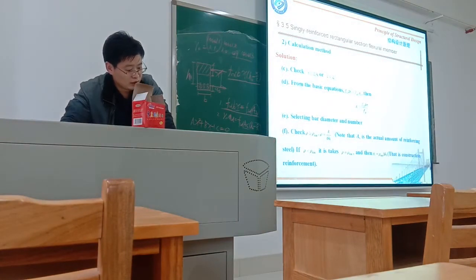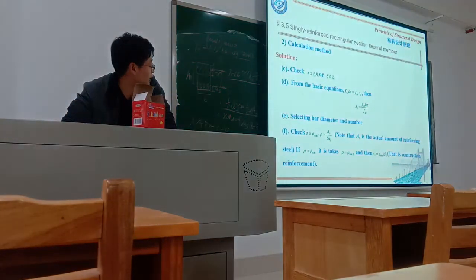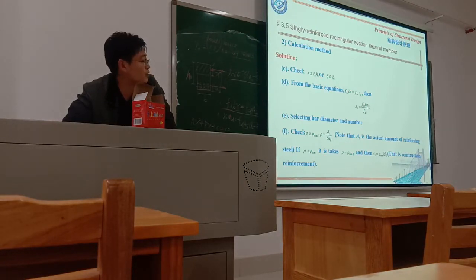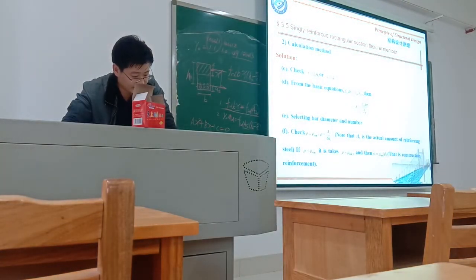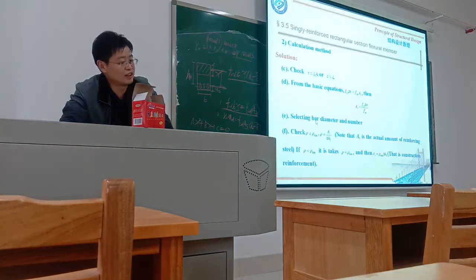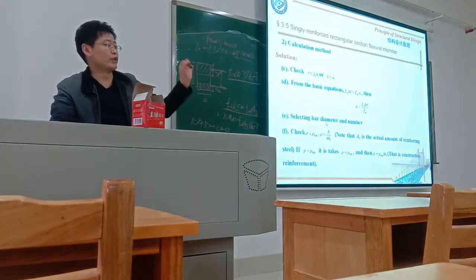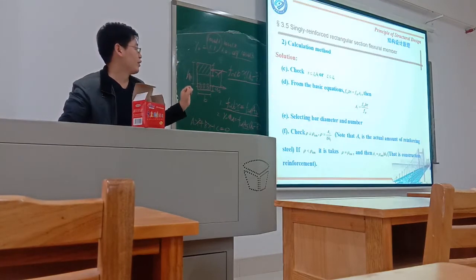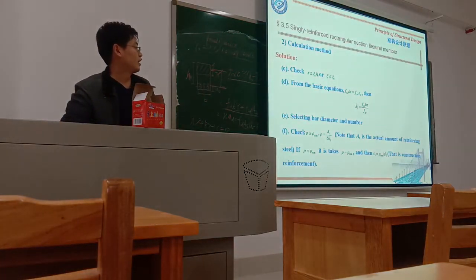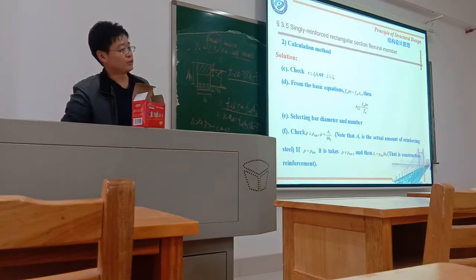So follow the following step, we use this formula to get the AS, or the reinforcement. So this is very simple. Once you got the AS, then you need to design what type of reinforcement you use, the diameter and the number, how many. So normally the real reinforcement you use, the area should be at least larger than or equal to this result.